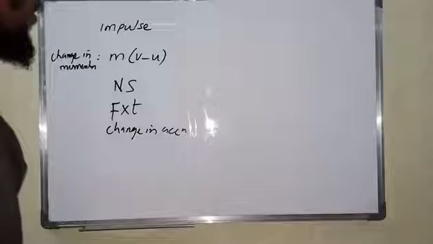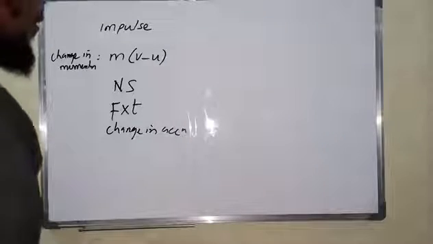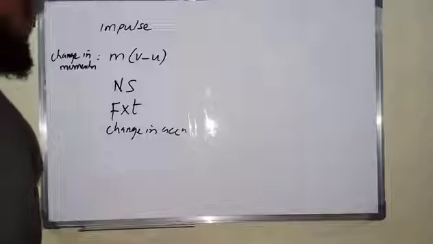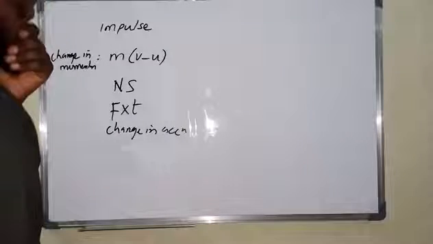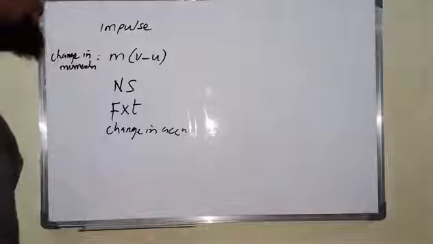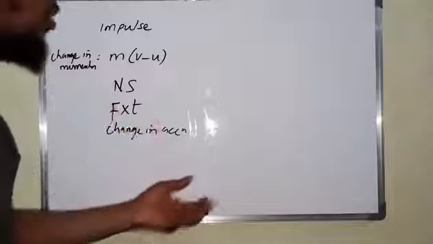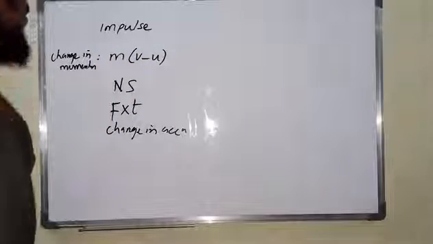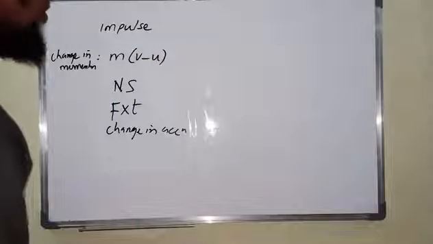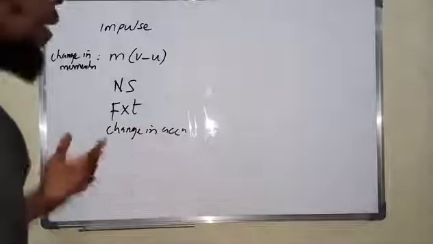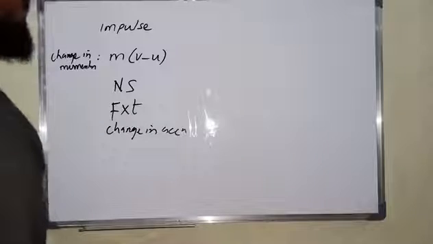The third law says that for every action there is an equal but opposite reaction. Then the first law is the law of inertia, which says a body will remain at rest or continue in uniform motion unless it is acted upon by a force.